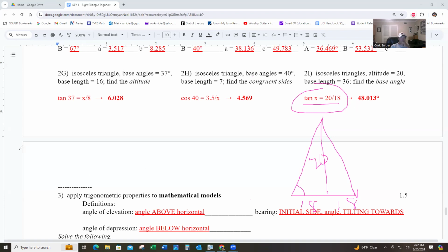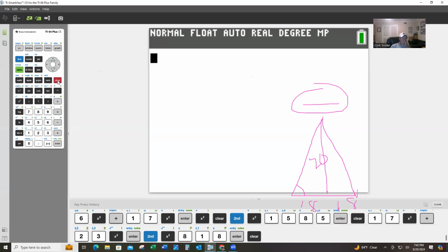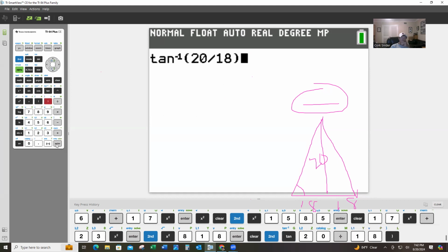Okay. So let's get over to that. So we're going to go the second tangent, 20 divided by 18 is going to give me an angle. Okay. About 48 degrees.